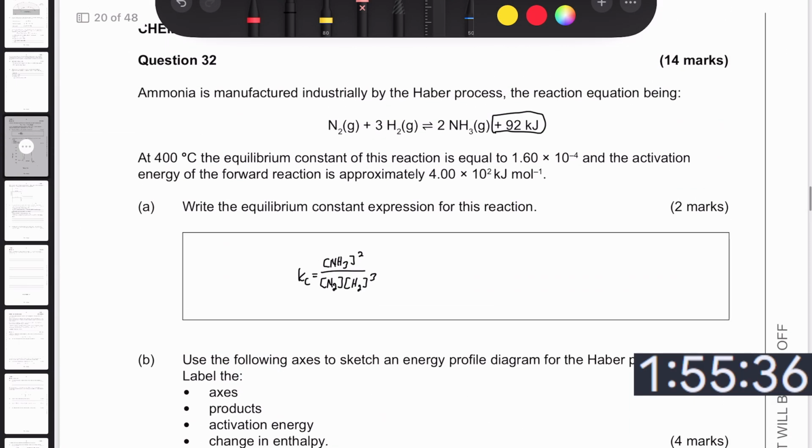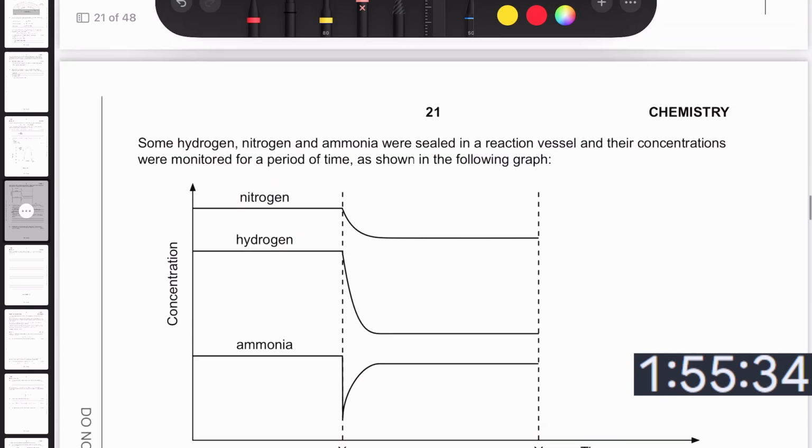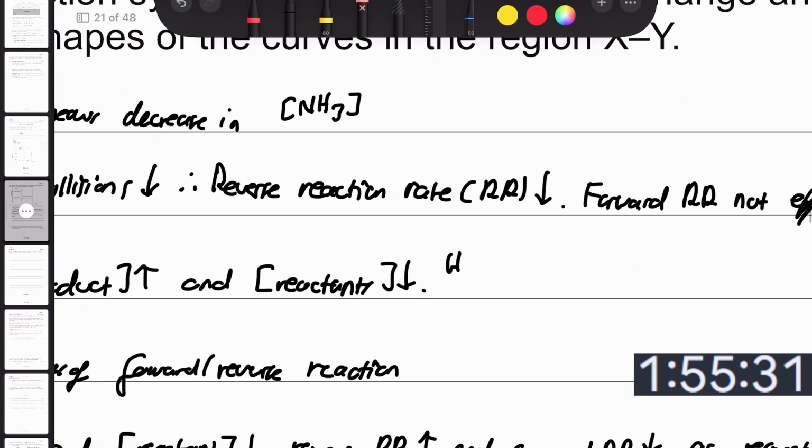Maybe I should say here that hydrogen gas has 3 times the change.